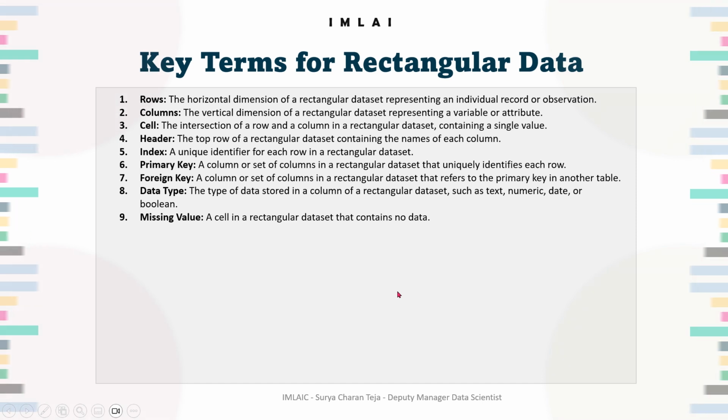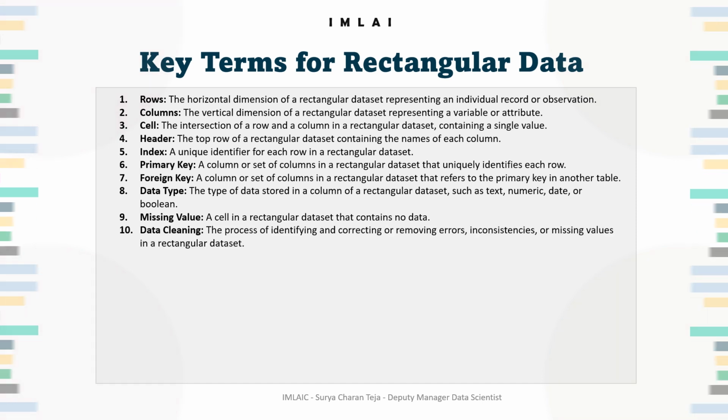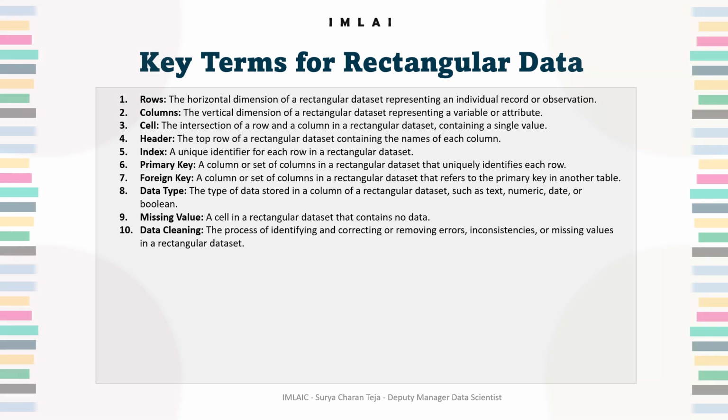So after missing values, one more terminology is called data cleaning, the process of identifying and correcting or removing errors or inconsistencies or missing values in a rectangular data set.